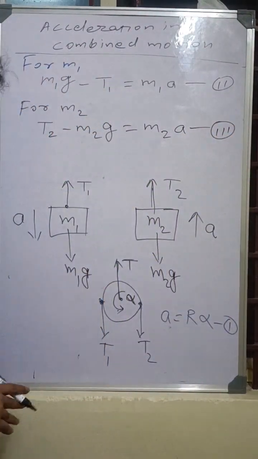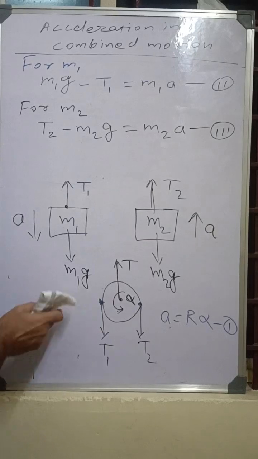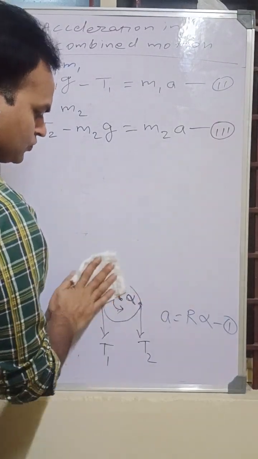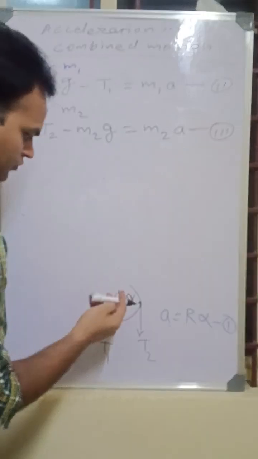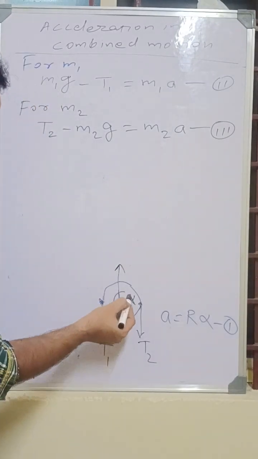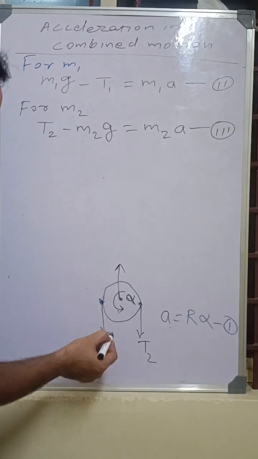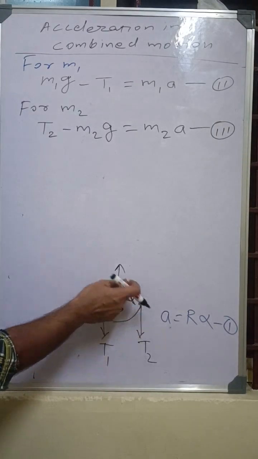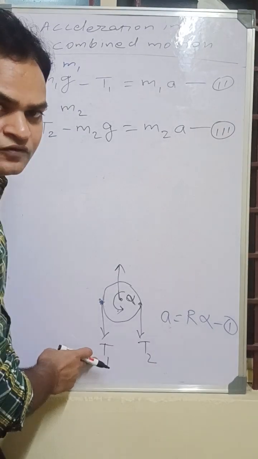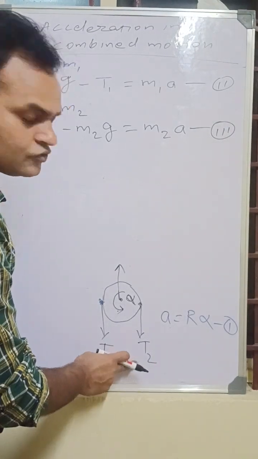And we have to write the equation of motion for the pulley also. So for the equation of motion of the pulley, check this out. As this pulley will rotate in this direction, it means the net torque on this pulley is acting in this direction. It means the torque due to T1 is greater than the torque due to T2.